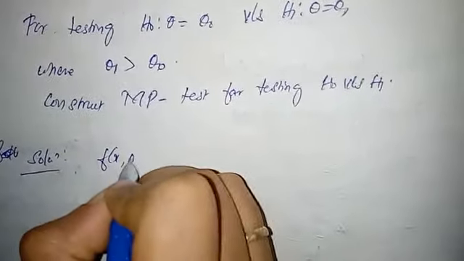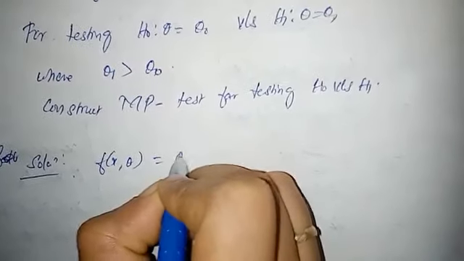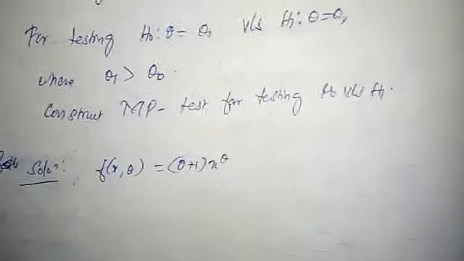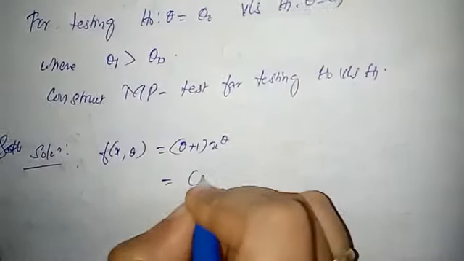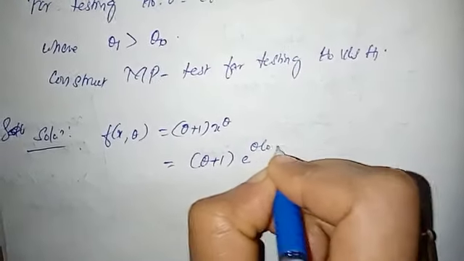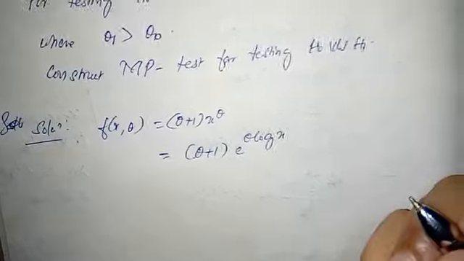Here the density is given as f of x theta equal to theta plus 1 into x to the power theta. We can write this as theta plus 1 into e power theta log x.